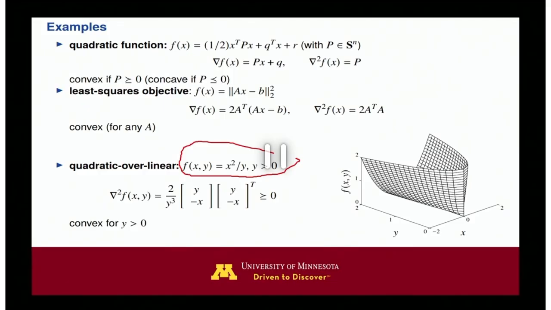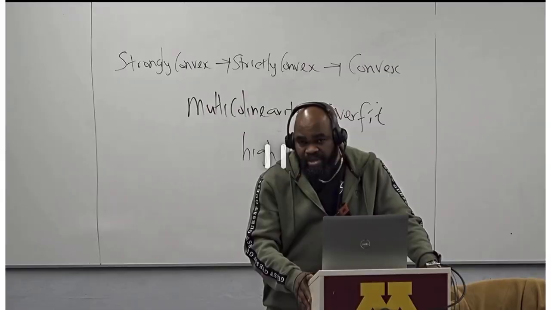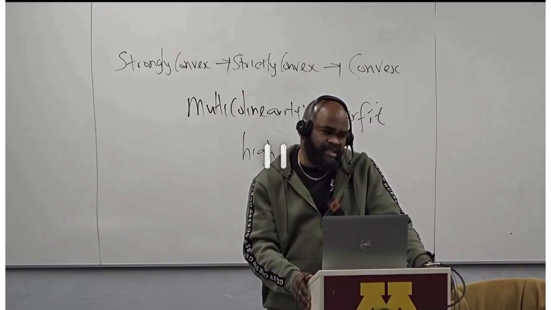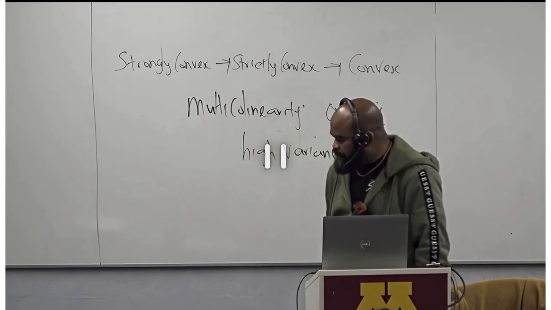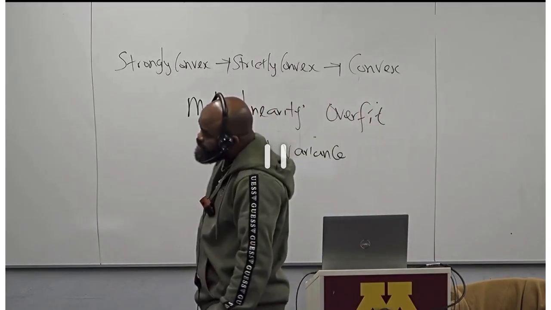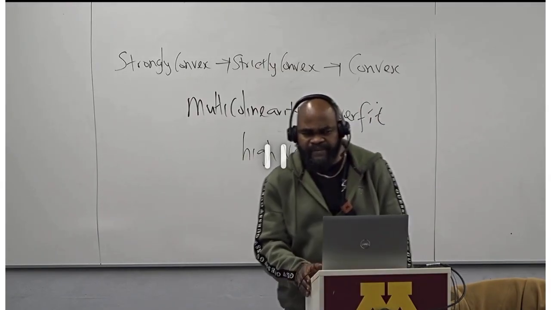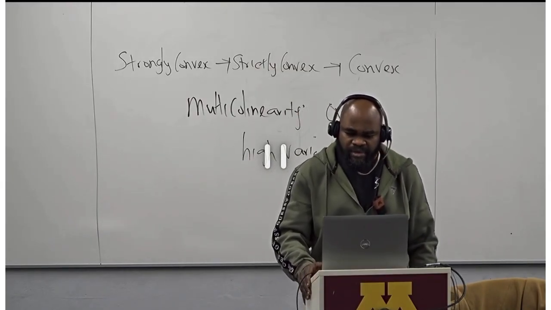You've come across that in theory of statistics, in a 5101 or 4101 class, where we talk about a probabilistic representation of two variables at a time. Now I have f of x, y, and I want to investigate it for convexity using the second order condition.